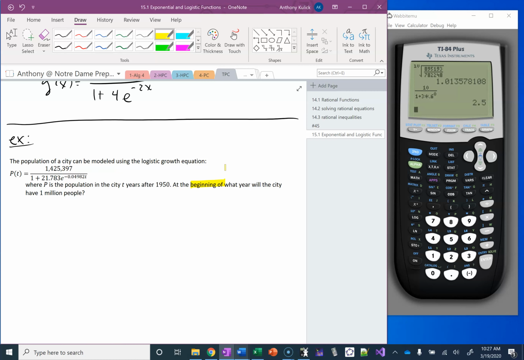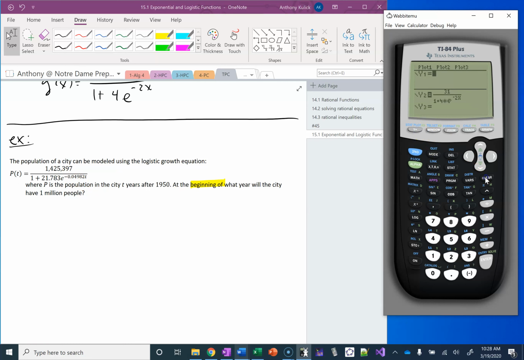So this is a situation where I know I'm going to have to round this up to the next whole number when I do this. We're lucky here in that we got our logistic model given to us in the problem.